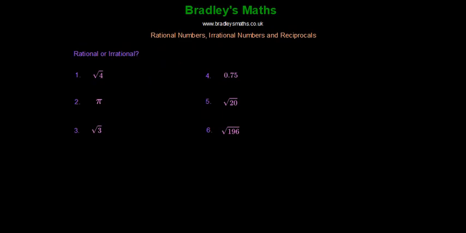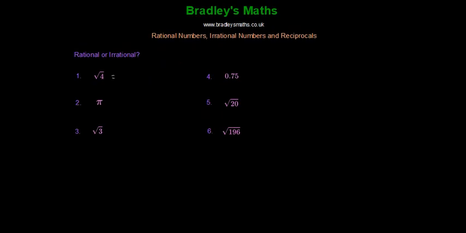Okay, so welcome back. The square root of 4 equals 2. It is rational. Pi, I've just told you, is irrational. The square root of 3, I've just told you this one as well.